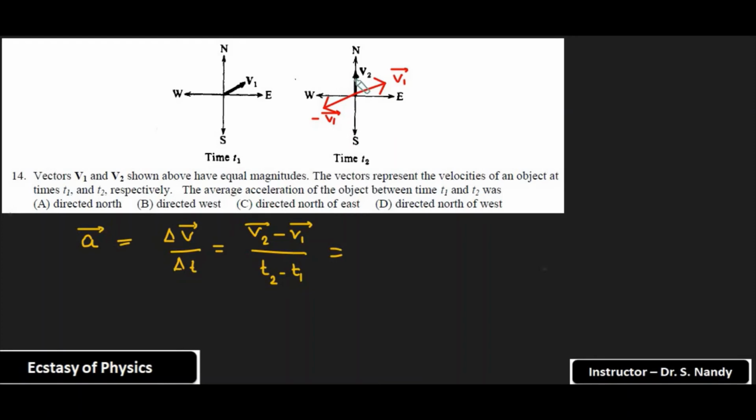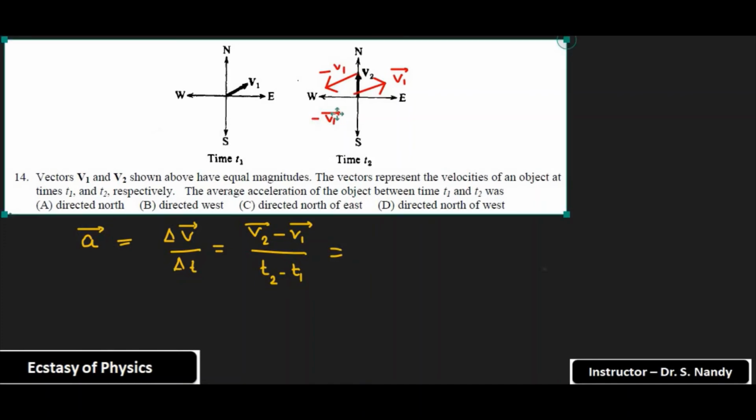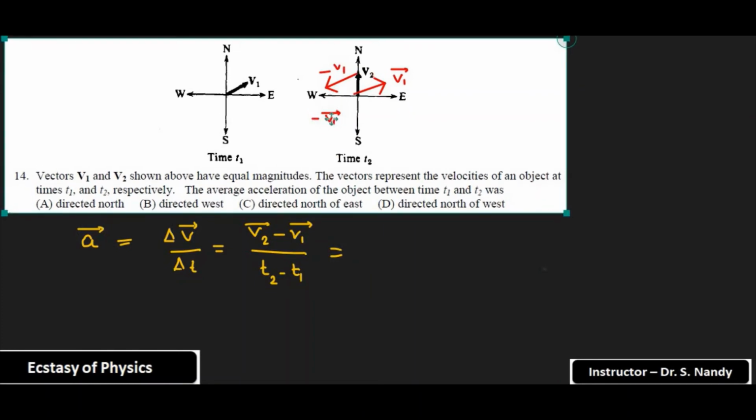So in that case, the difference between v2 and v1 can be found by applying the head to tail method. Instead of v1 at this position, we can translate negative v1 to this end, so that it will be pointing here.